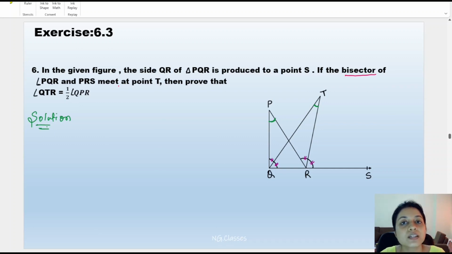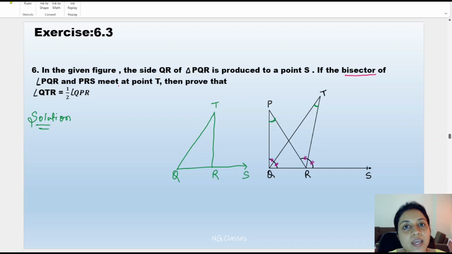Here at first, let's focus on triangle QTR. Let me draw it separately. So here, can we say angle TRS is equals to the sum of opposite interior angle, so the sum of this angle, angle T and angle Q. Let's write it.